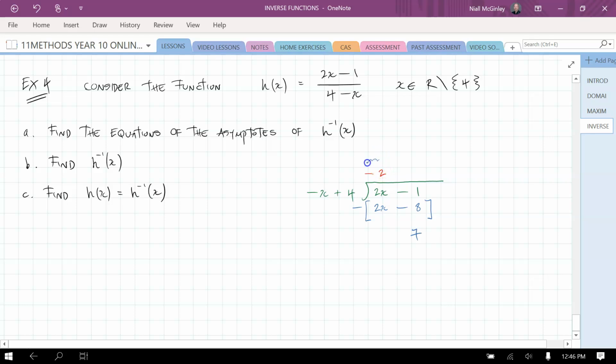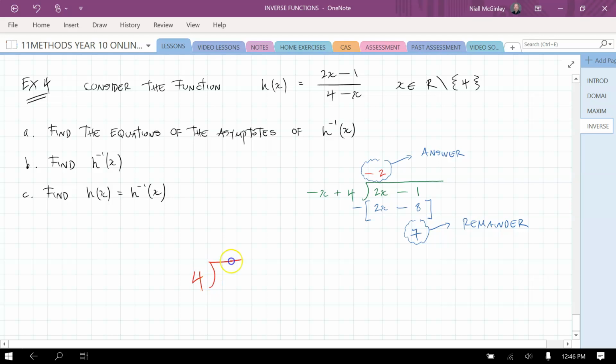When we do this, the answer that you've got up here, that's how many times it divides in. This 7 down here is our remainder. This is very similar to just doing normal division.